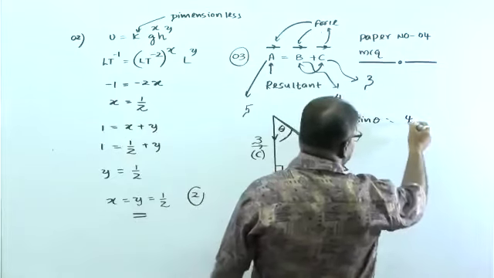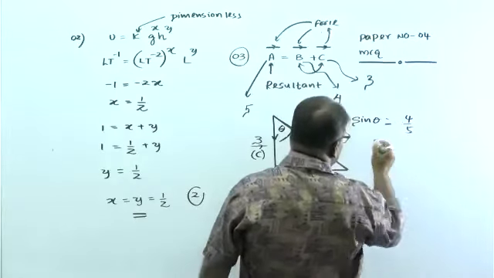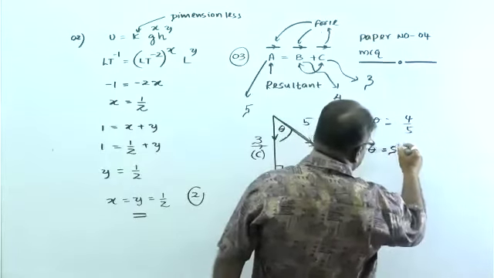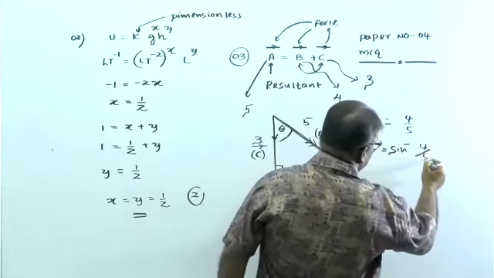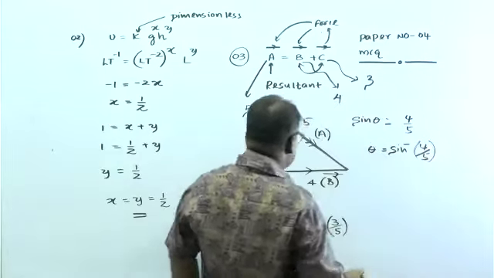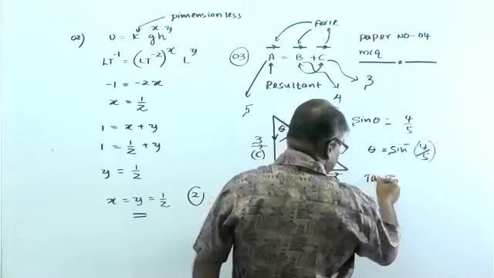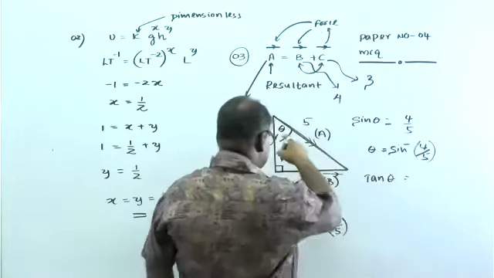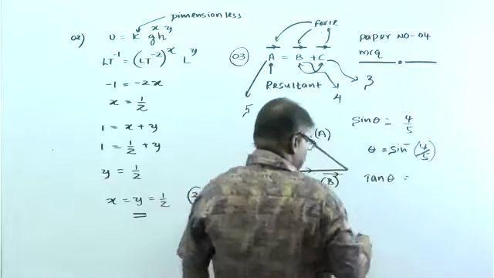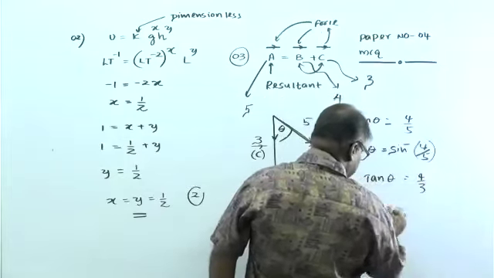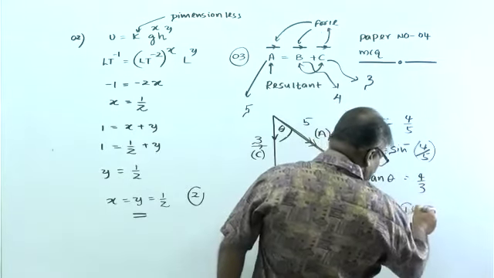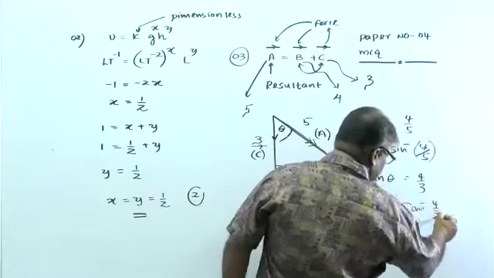Theta becomes sin inverse 4 over 5. And we can say tan theta is 4 by 3, then theta becomes tan inverse 4 by 3.